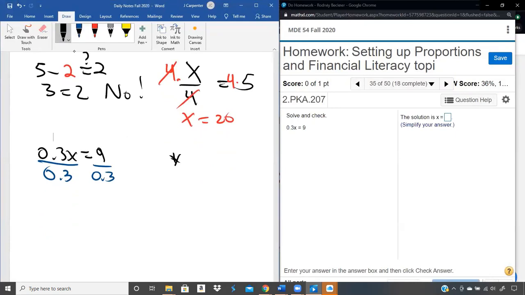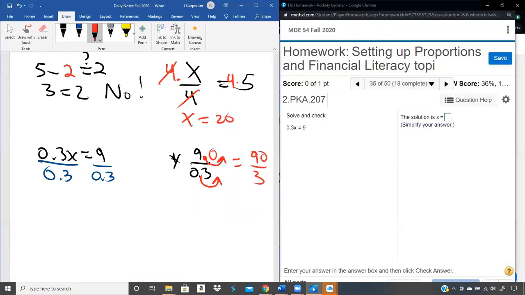So this 9 divided by 0.3, what you have to do is make the bottom a whole number by moving its decimal right as many times as you have to, which would be once in this case. But whatever you do to the bottom, you have to do to the top. It's kind of like an equation, whatever you do to the left, do to the right. So that would be a filler 0, and what you end up with is 90 divided by 3. So 9 divided by 0.3 is the same as 90 divided by 3.